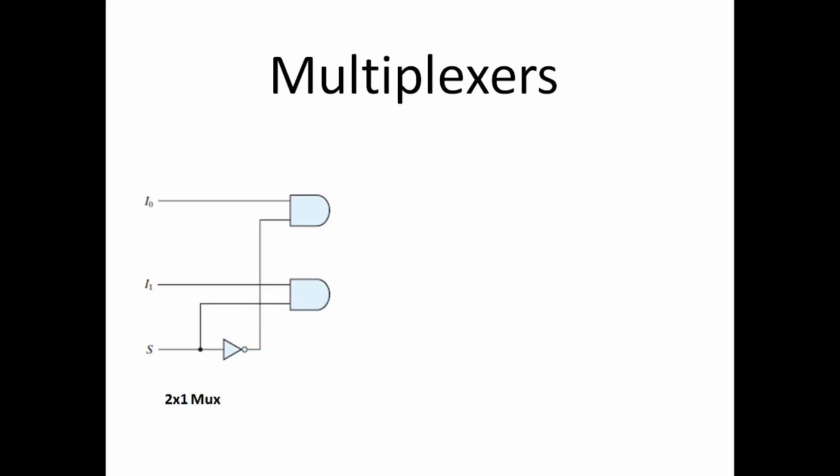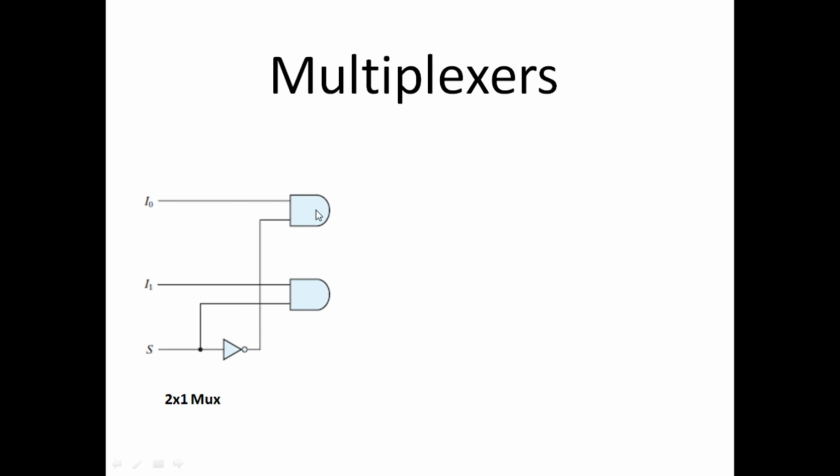So this is a very simple multiplexer, a 2 x 1, 2-to-1 line multiplexer, and MUX is used for short. How to create a 2 x 1 multiplexer? For it we need two AND gates, and an input line is connected to each AND gate.